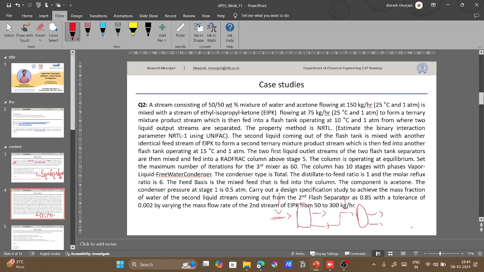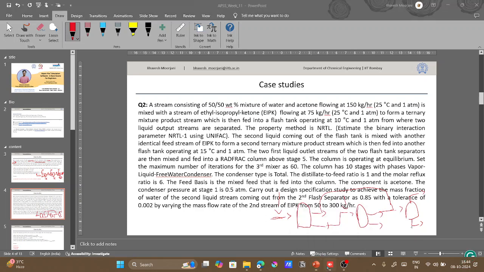Again you get two liquid products. The top liquid product from the first and second column is fed to your distillation column, which is modeled using RadFrac column. So this is how the overall concept of this problem goes, and then we have to design it for a specific 0.85 recovery of mass fraction of water in the second liquid coming out of the second flash. So this is how the problem statement goes.